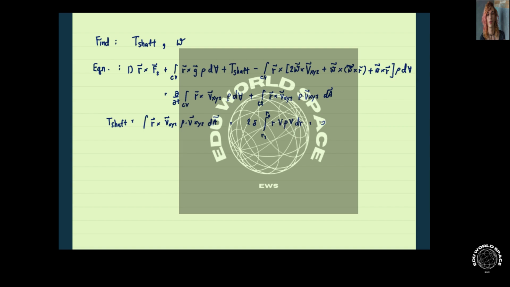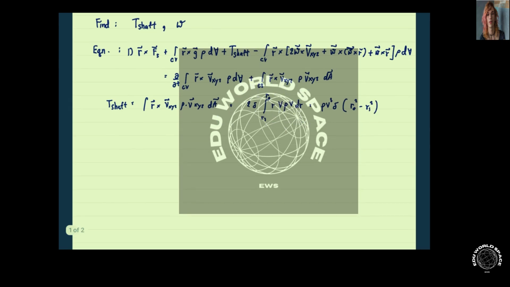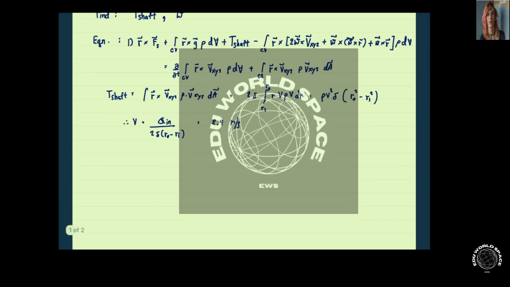will be rho V square del times R0 square minus R1 square, where V is the exit velocity with respect to the CV, and we have that V is Q in over 2 rho R0 minus Ri, and that will be 2.4 meter per second from the given data.